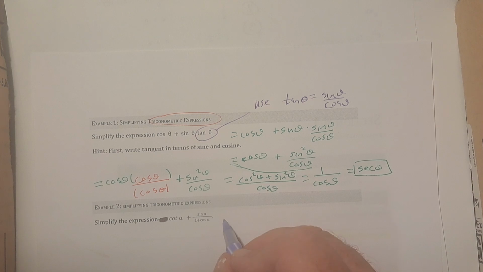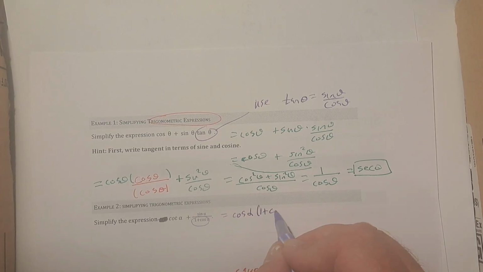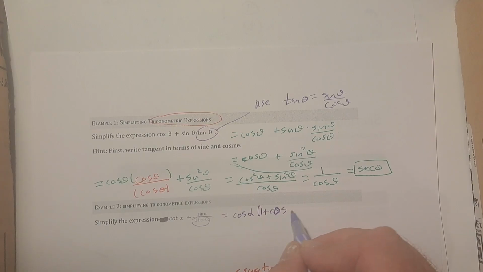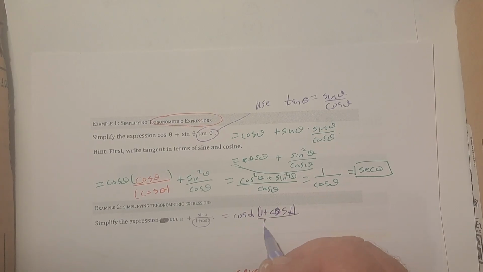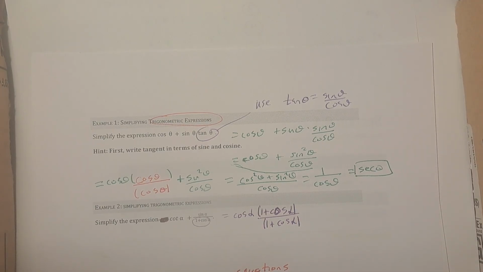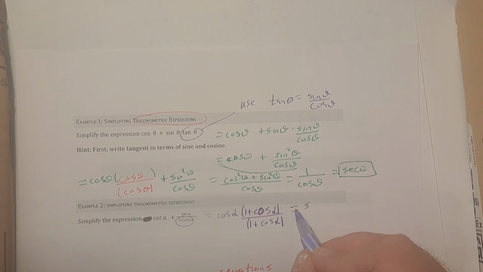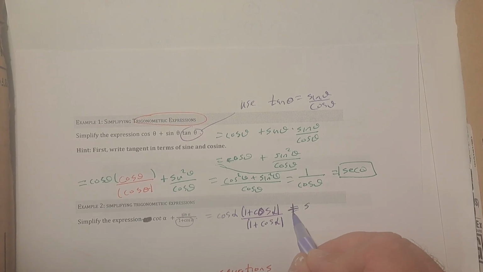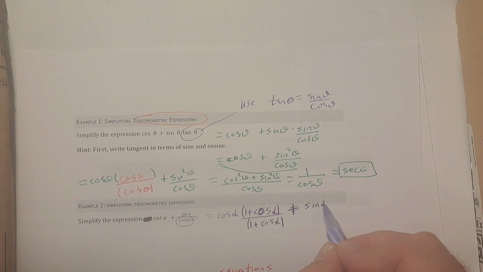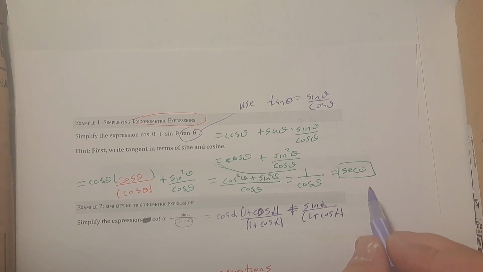So let's take that cotangent alpha and multiply it by what the other one has that it doesn't, which is 1 plus cosine of alpha over 1 plus cosine of alpha, because if you multiply by 1, you don't change anything, but it expresses it differently in such a way that you hope you can simplify things. And you still have plus the sine of alpha over 1 plus the cosine of alpha.